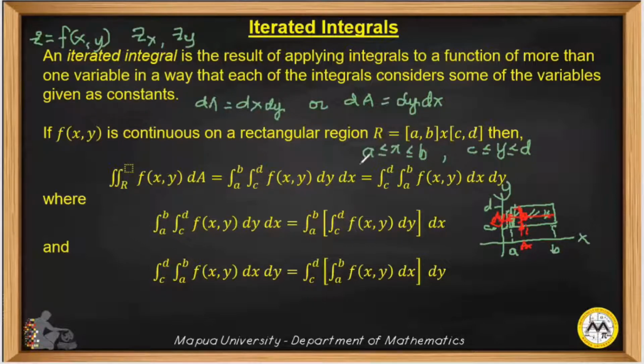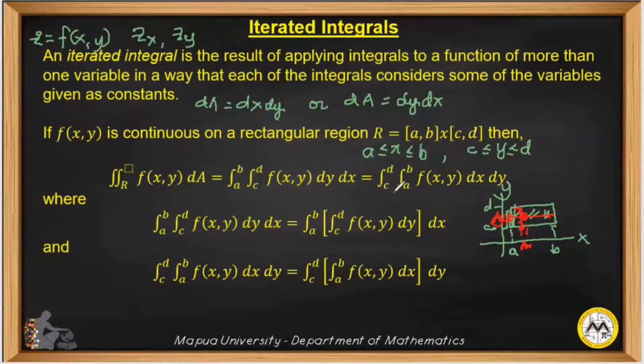Now, if we have a rectangular region, then the order is not really that critical. It may be dy dx or dx dy, meaning the double integral of f of xy times the differential of A over the region R is equal to the double integral of f of xy dy dx, where y goes from c to d and x goes from a to b.